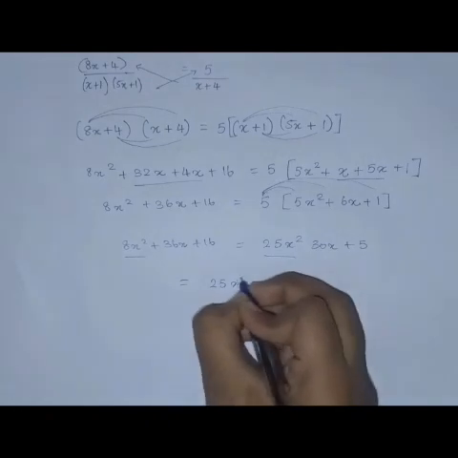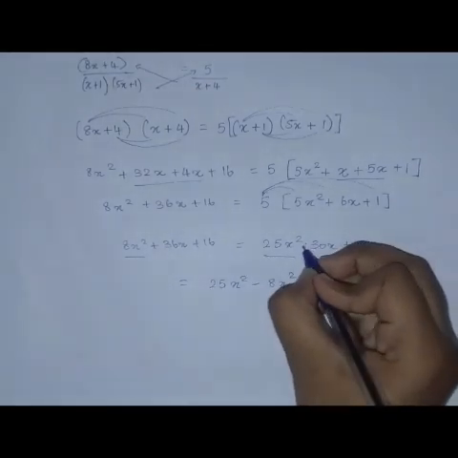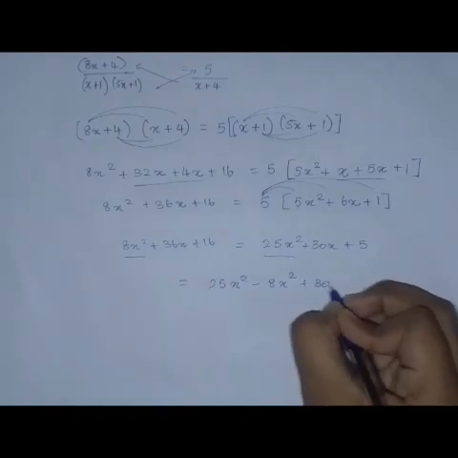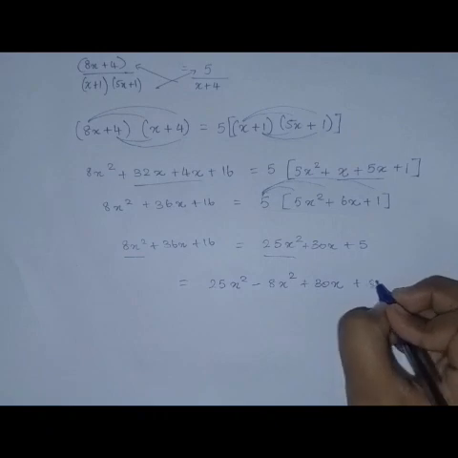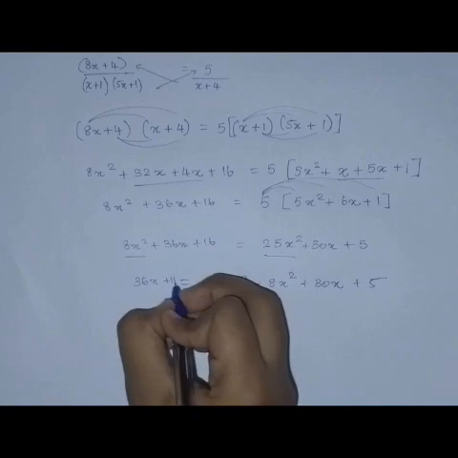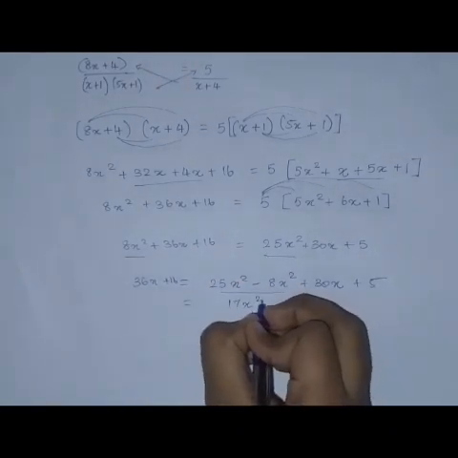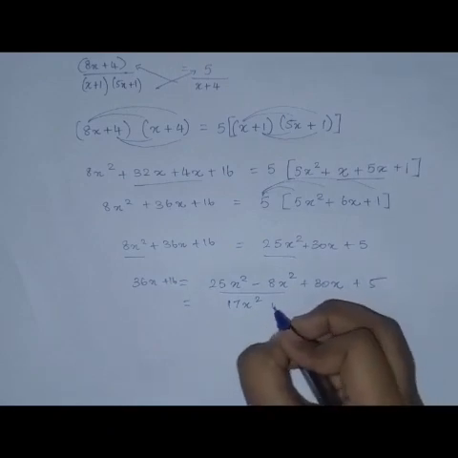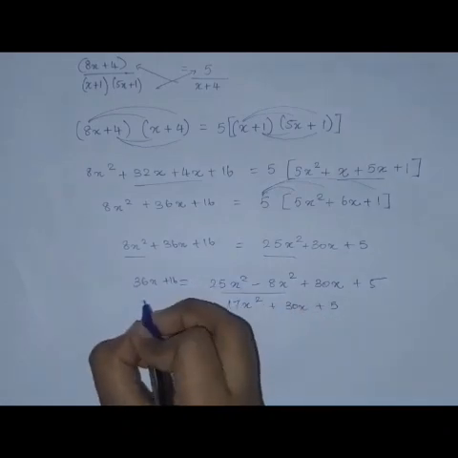Now we are bringing our left hand side to the right hand side. When we subtract 8 from 25, we would get 17x square. Now we are taking 30x and 36x.